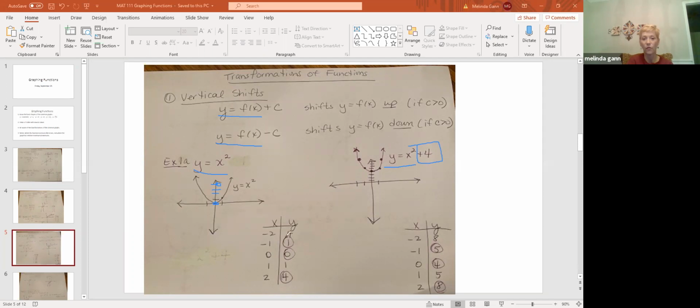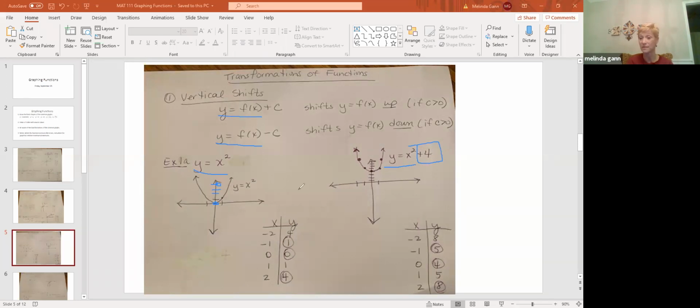So if I went over and went up 4, I'd be at 5. So if you substitute -1 in here, -1 squared is 1, and 1 plus 4 is 5. So notice all of these y values and the difference in all of these y values. Do you see how when you add 4 to that, you get 8? When you add 4 to 1, you get 5. When you add 4 to 0, you get 4.